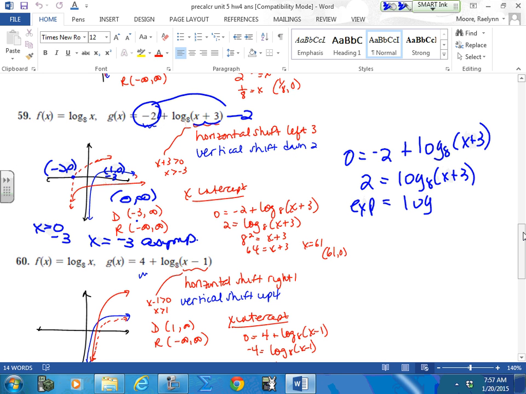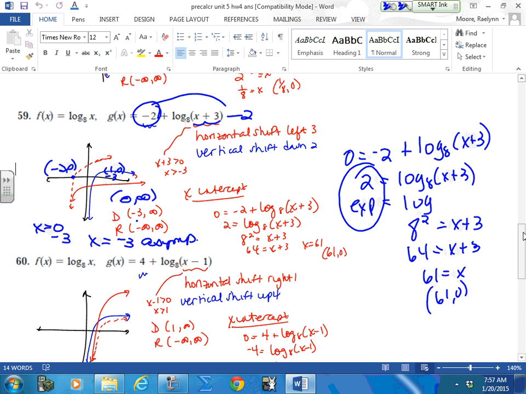Whichever way you're comfortable with is fine with me. This is the way I do it. My log, my base is 8. My base of my exponent is 8. My exponent is 2, and I'm equal to x plus 3. And now you can solve. 64 is equal to x plus 3, subtract 3. And now I know where my x-intercept is.